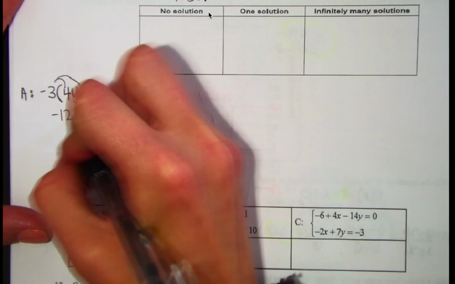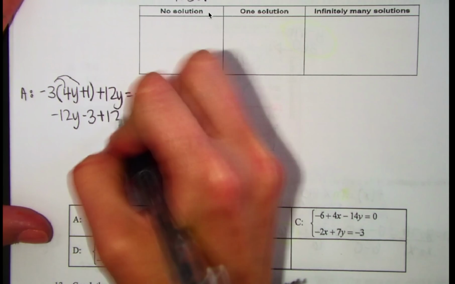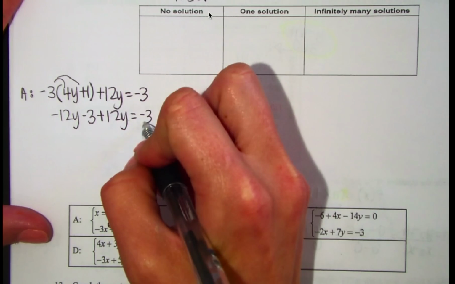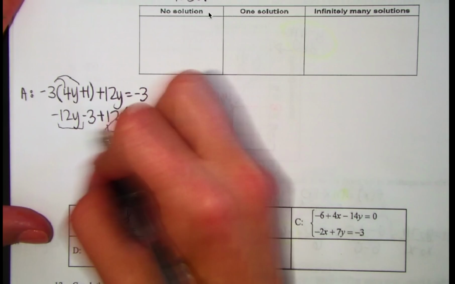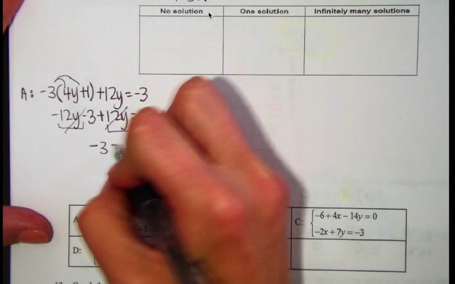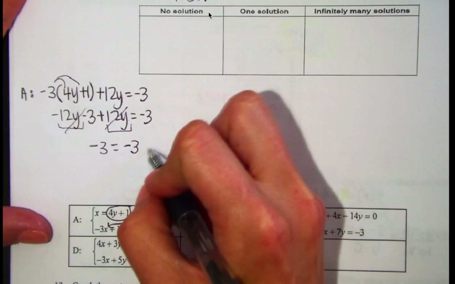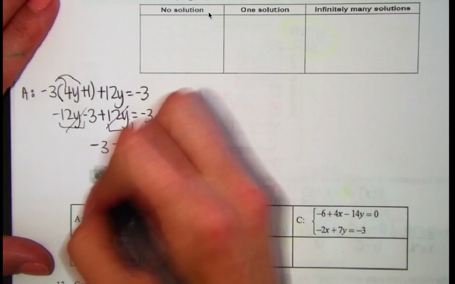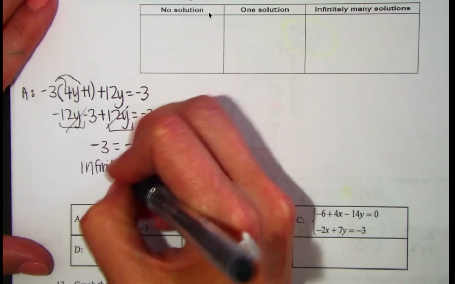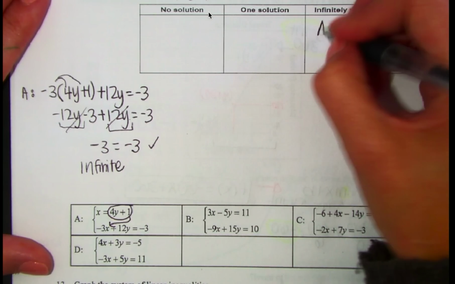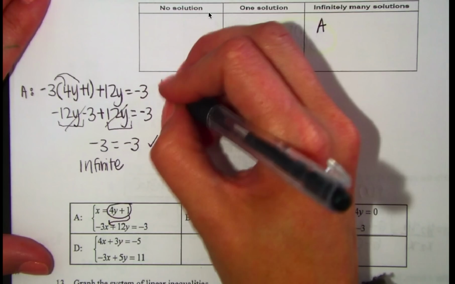When I continue to distribute, I get negative 12y minus 3 plus 12y is equal to negative 3. When I combine like terms, negative 12y and positive 12y actually cancel out, and I'm left with negative 3 equals negative 3. Since this is a true statement, we call this infinitely many solutions. So I'm going to put A over here under infinitely many solutions.